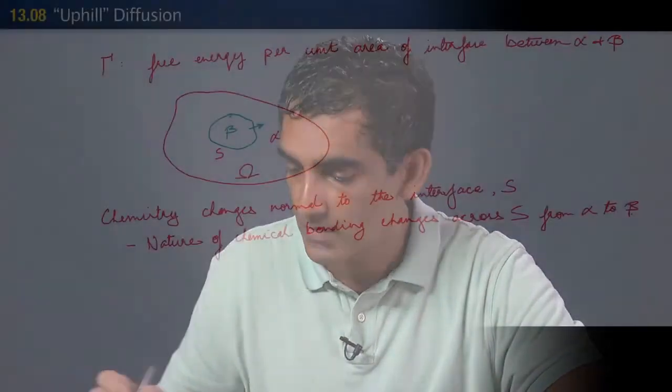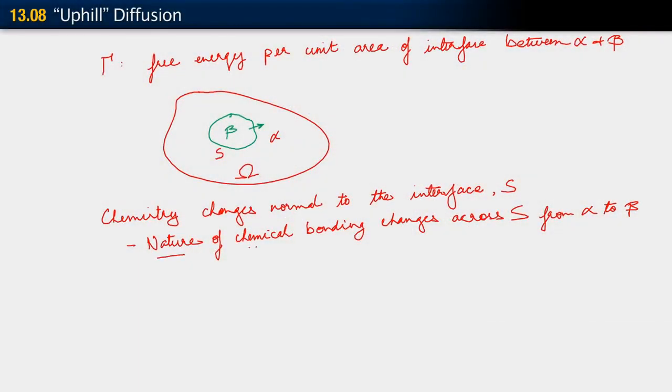Because the bonding structure changes, there is a certain amount of energy associated with it. Often some bonds are left unsatisfied across an interface, and the energy of those bonds remains high, so that manifests itself as an interfacial free energy. In general, it is because the nature of the chemical bonding changes. This is where it comes from.